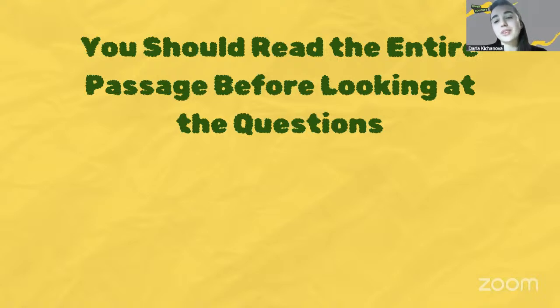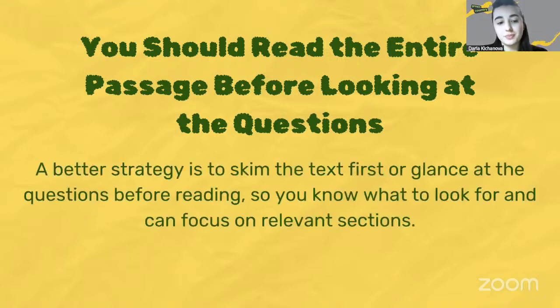So here, pay attention that the reality is opposite, and a better strategy is to quickly check the text, and look at the questions before reading, so you know what to look for and can focus on relevant sections.